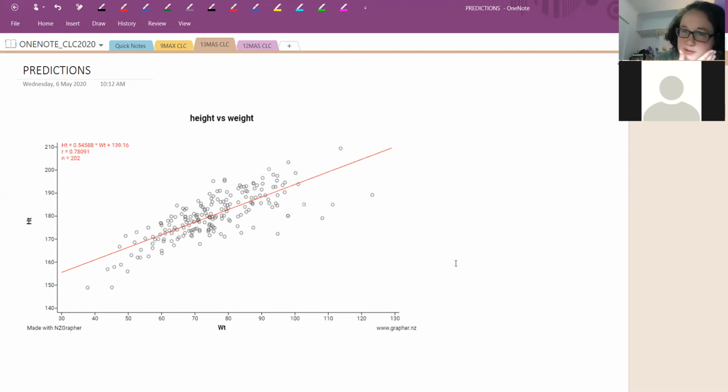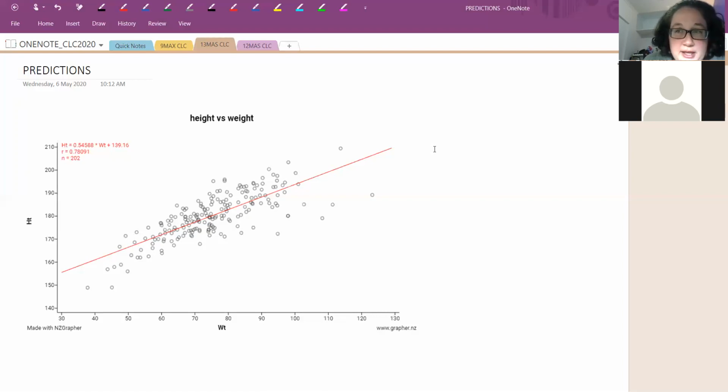Right. So what I've got here is my initial graph. And what I would do is, of course, first do my analysis and talk about all of that.